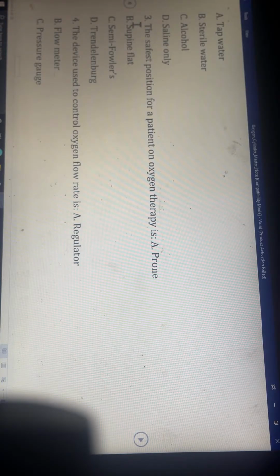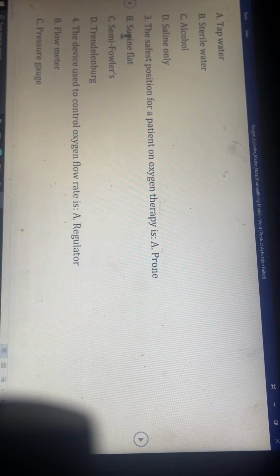The safest position for a patient on oxygen therapy is A, prone position, B, supine flat, C, semi-Fowler's, D, Trendelenburg. Okay, I'm seeing your answers. I'm impressed.